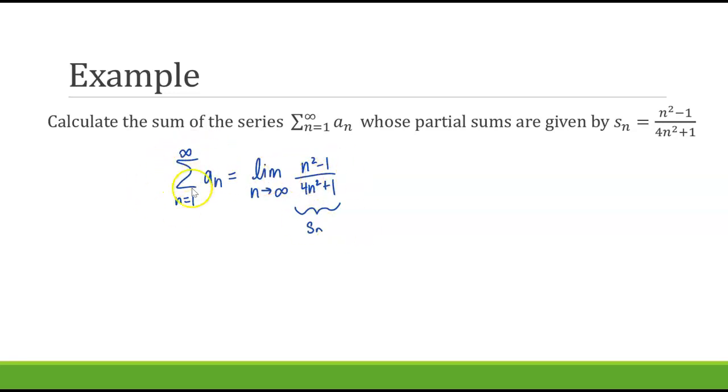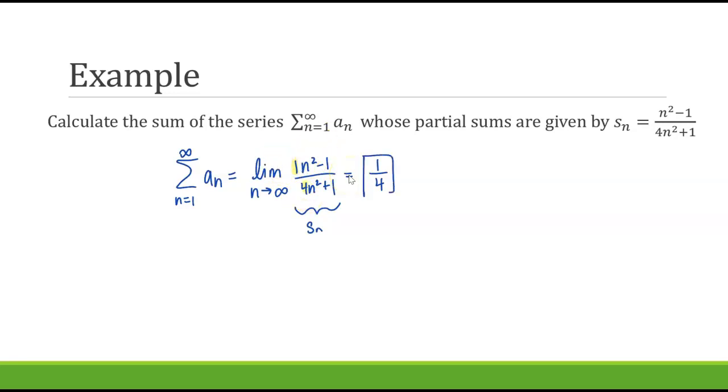So the sum of the series is whatever the answer to this limit is, which again is also kind of nice because this is the limit of a rational function where the powers match, right? So we have n squared. So towards infinity, what's going to happen is that we can just think about the leading coefficients, 1 over 4, as the answer, because the powers match.